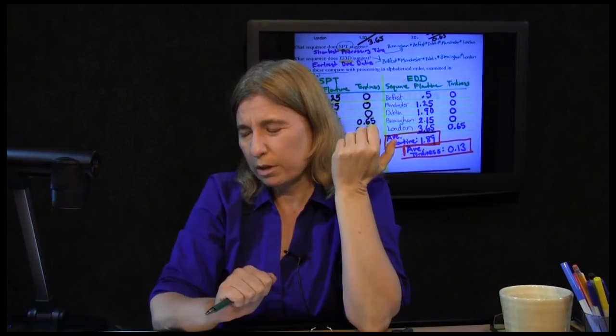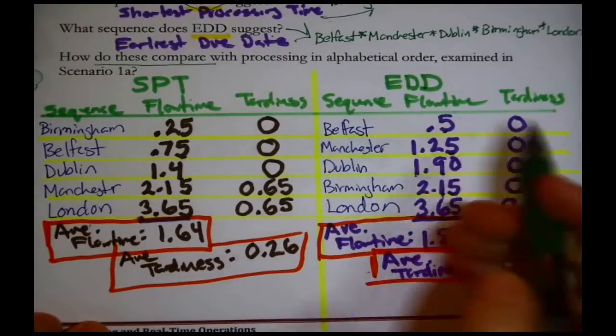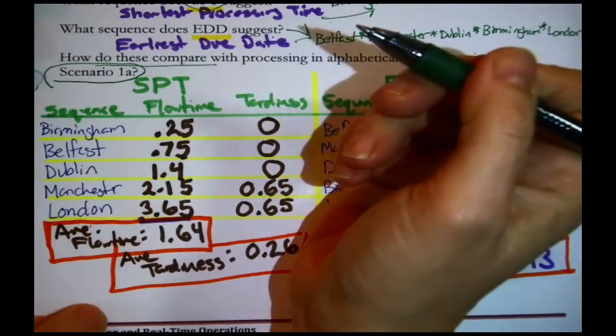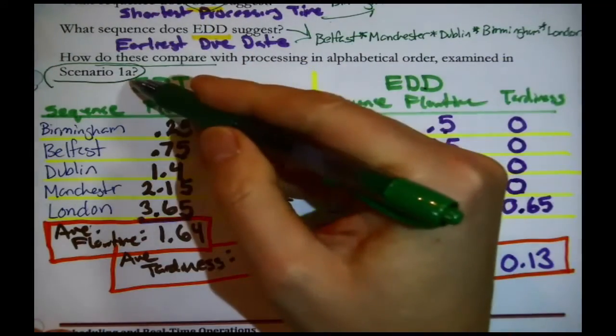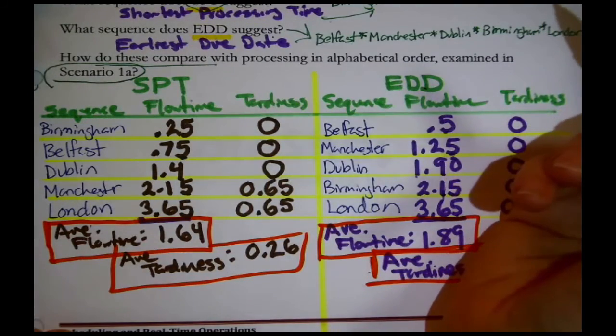Except, actually, there's 3 sequences in the mix here. These 2 we've just created, but it is asking about alphabetical order. Alphabetical order we looked at in scenario 1A, and I had to go back and look up my notes.